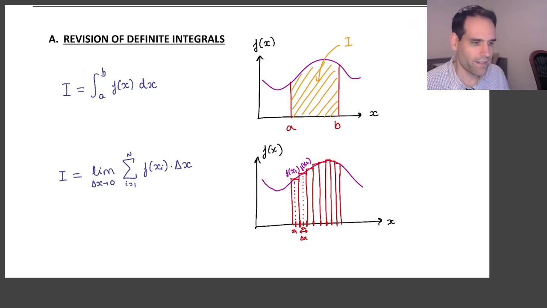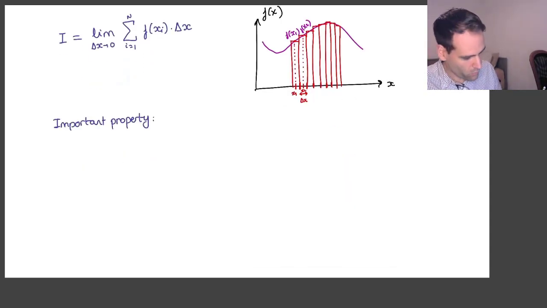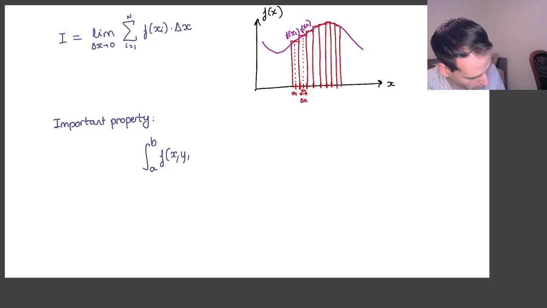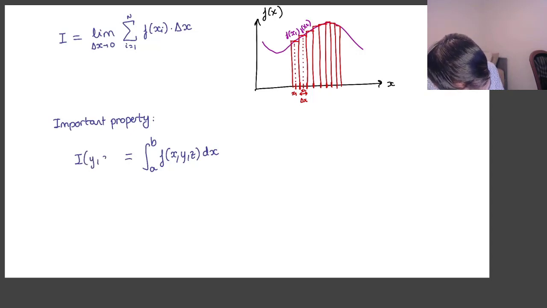Okay, next, remember this important property of integrals. If you integrate a function between a and b, and this function depends, let's say, on 3 variables, x, y, z, and we integrate with respect to x, the result of doing this integral does not depend on x. The result is an integral which depends only on y and z.